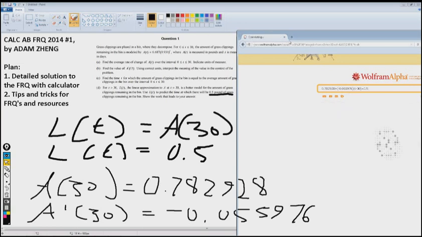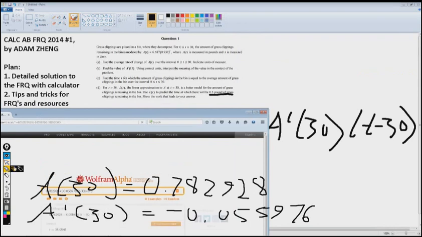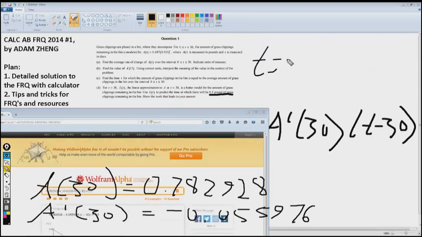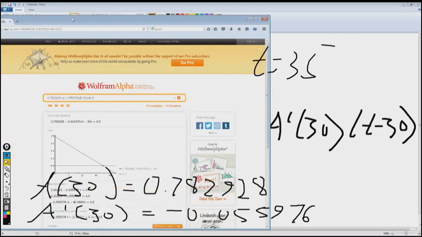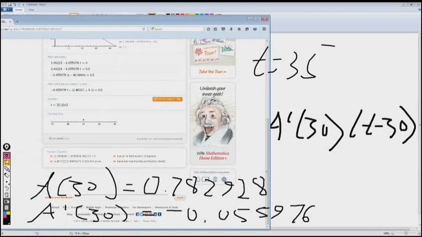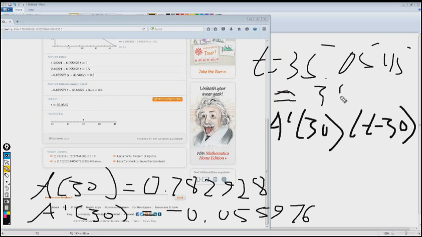And this gives us the answer t that we want, which is t equals 35.0545, or approximately 35.054.